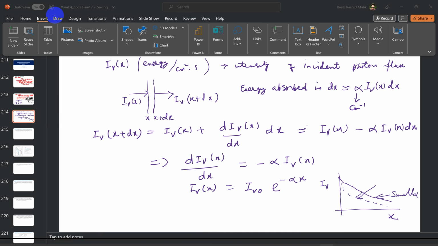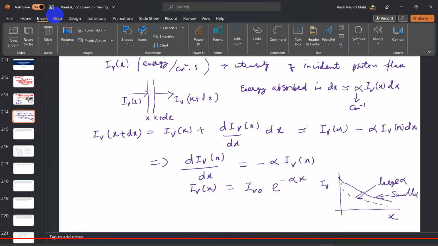So this is the photon intensity versus distance for the two absorption coefficients, right? Now we'll talk about this absorption coefficient, because it depends on the semiconductor material and also on the photon energy.